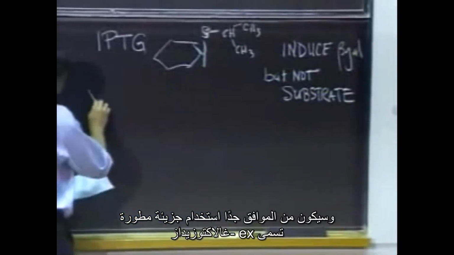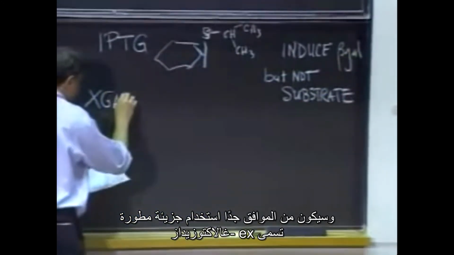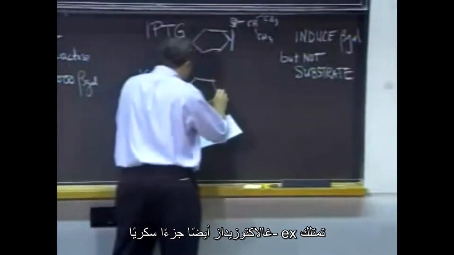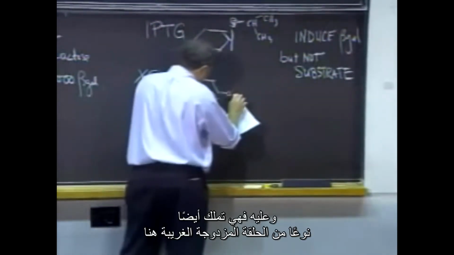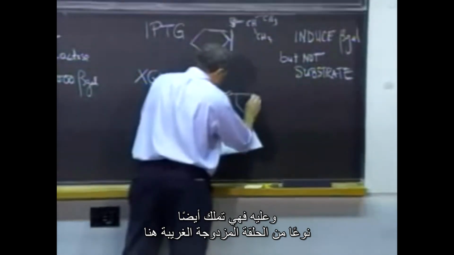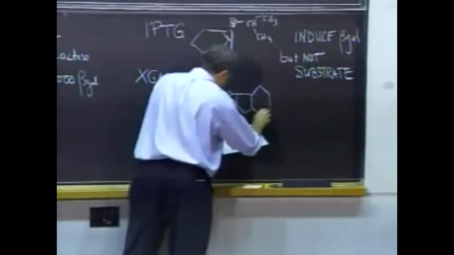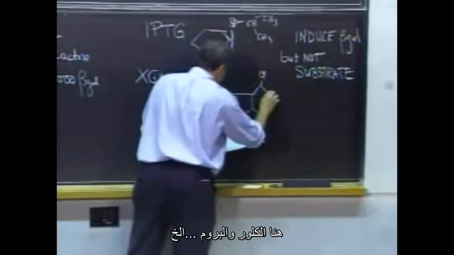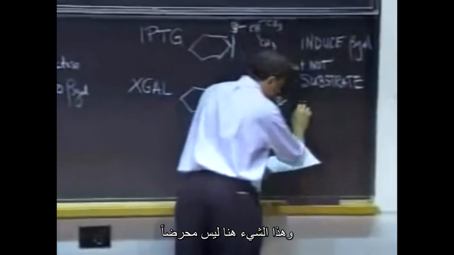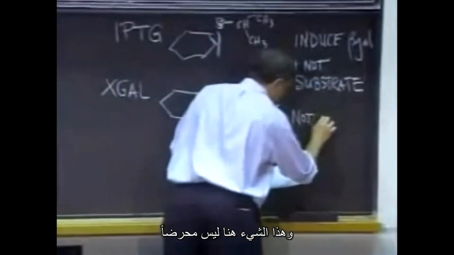It's also very convenient to use a molecule that was developed called X-gal. X-gal, again, has a sugar moiety, and then it also has this kind of funny double ring here, which has a chlorine and a bromine, et cetera. And this guy here is not an inducer.